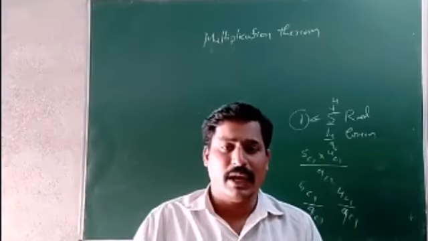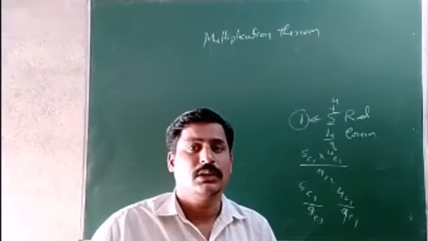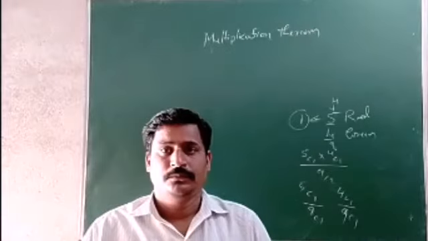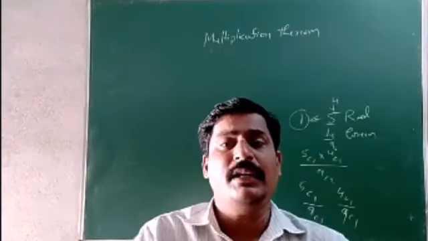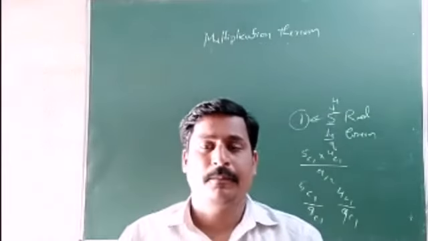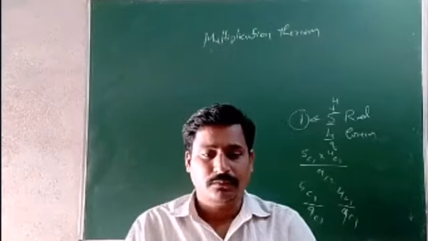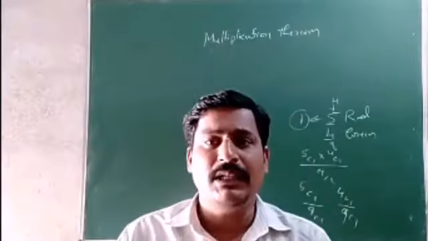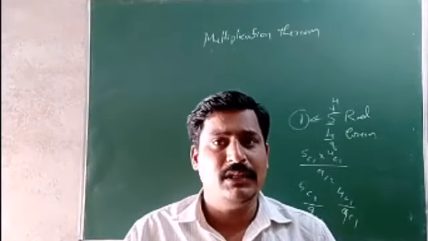Coin will show either head or tail, and die shows any number 1 to 6. So that is the independent event we discuss now. Dependent event we learn later.